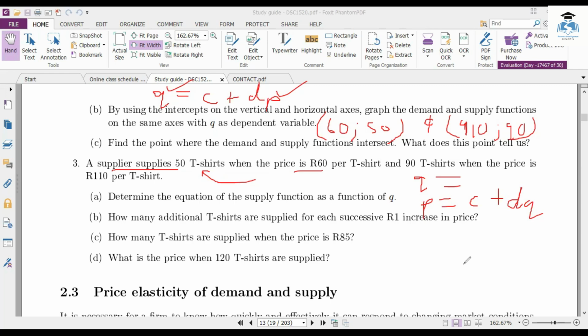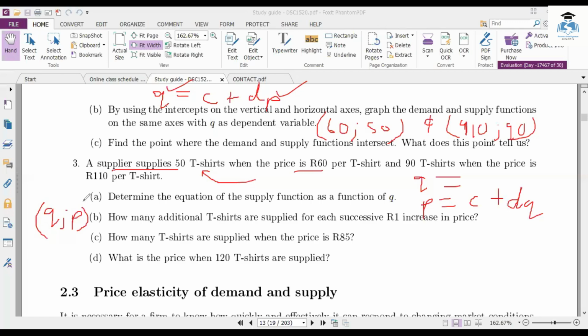Since now we know that this is our P, this is our Q, we need to say our coordinates will be in the form of Q, P, right?